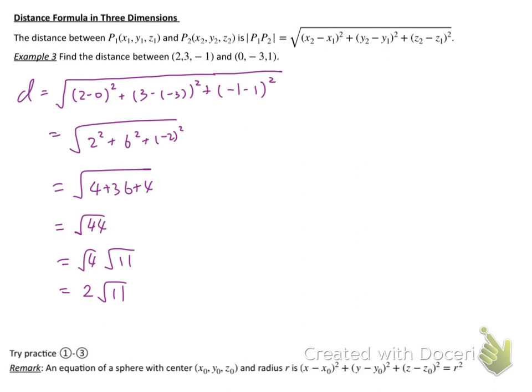So the equation of the sphere is all the points whose distance to the center equals r, where if you square both sides, it will be the sum of the squares equal to r squared. Compared to the circle in R2, where we have (x minus x0) squared plus (y minus y0) squared equals r squared, you just have one more dimension, (z minus z0) squared. Okay, now you can try practice 1 through 3.